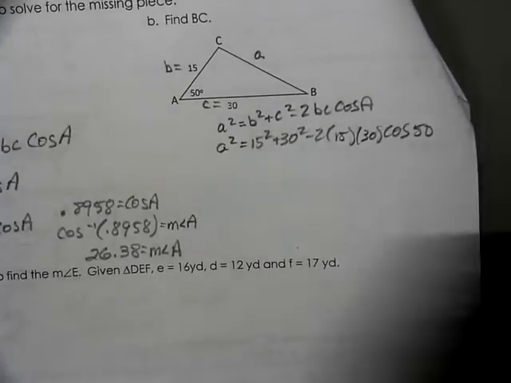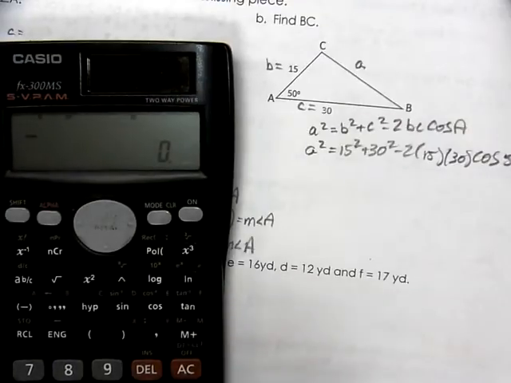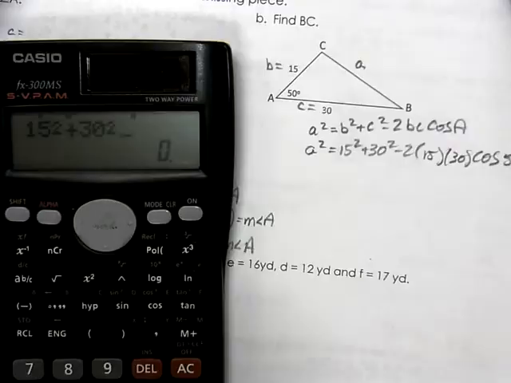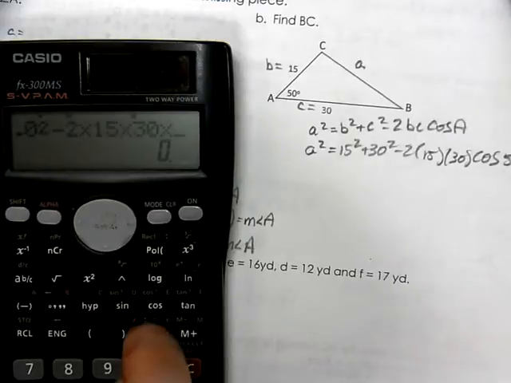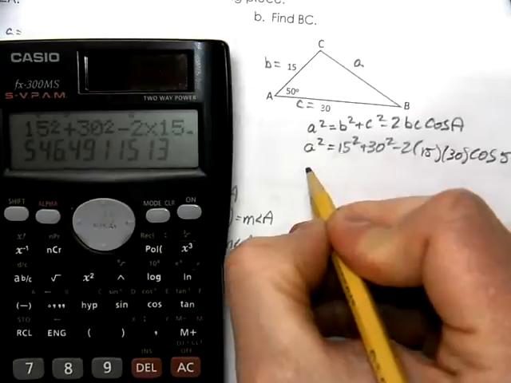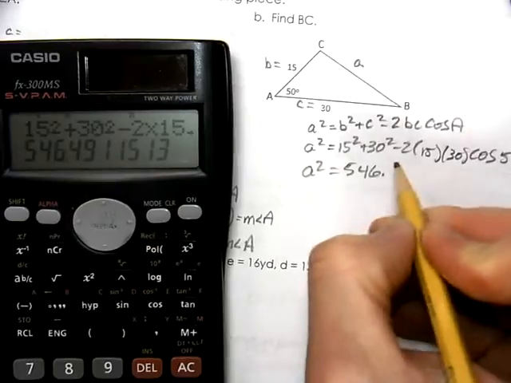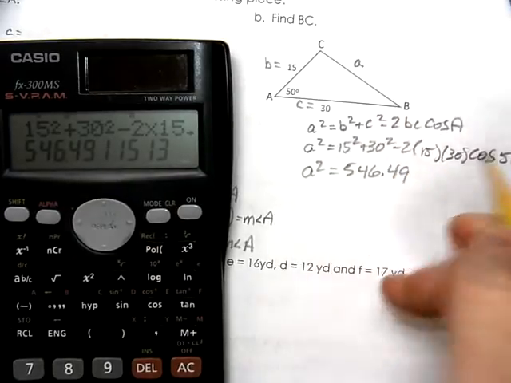So we can take our calculator and type that in. 15 squared plus 30 squared minus 2 times 15 times 30 times the cosine of 50. So that's going to come out to be A squared being 546.49.